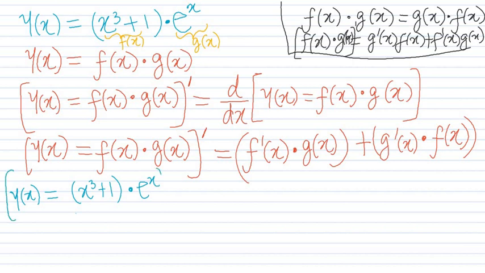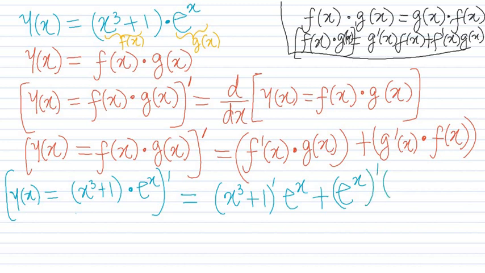So all of this prime is the same thing as saying x cubed plus 1, prime, multiplied by e to the x, plus e to the x, all of that prime, multiplied by x cubed plus 1. So that's basically what is going on here, and that's about it.